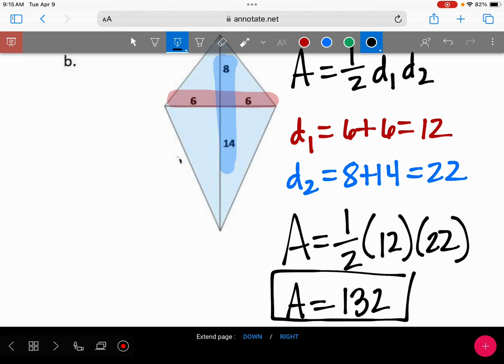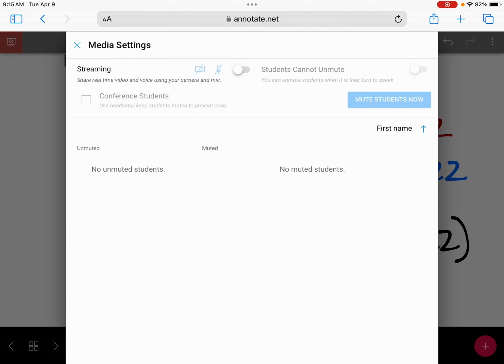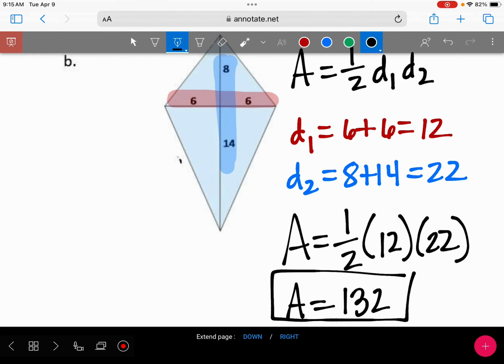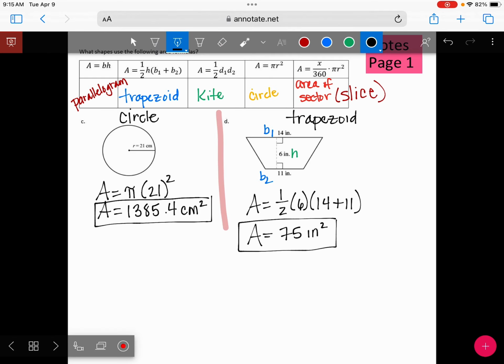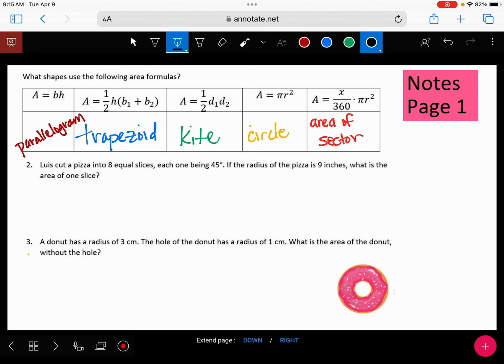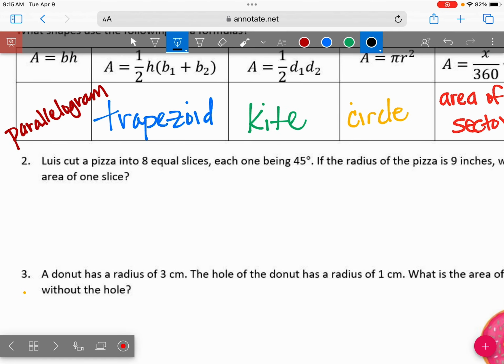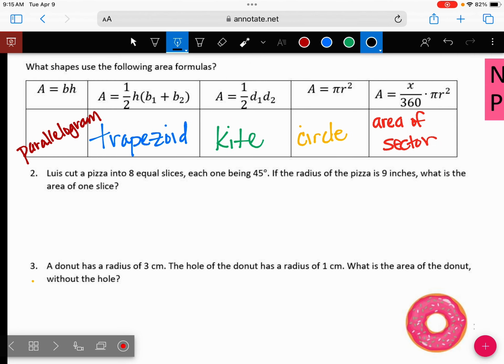All right, last one on this page is number 2. Let's go ahead and look at number 2, and then we'll get into our new material. For question number 2, it says, Louise has a pizza. So again, cut into 8 equal slices, one being 45 degrees. The radius is 9. So this is a slice. So this is the formula we're going to use for a slice.